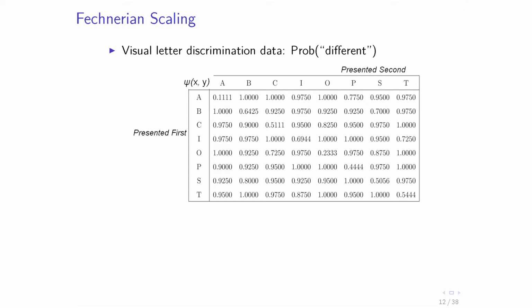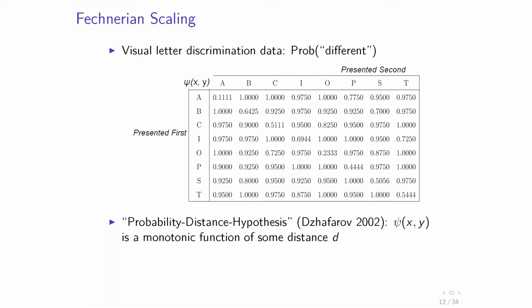So if one wanted to maintain the probability distance hypothesis as it was formulated by Etibar in 2002, one would have to say the probability to say different is a monotonic function of some distance d.